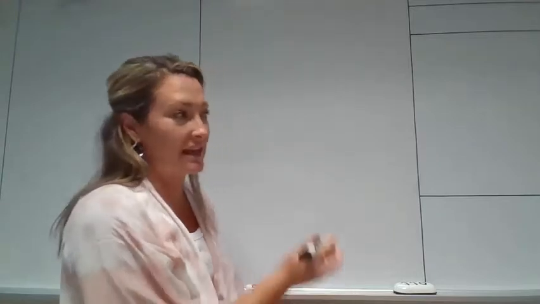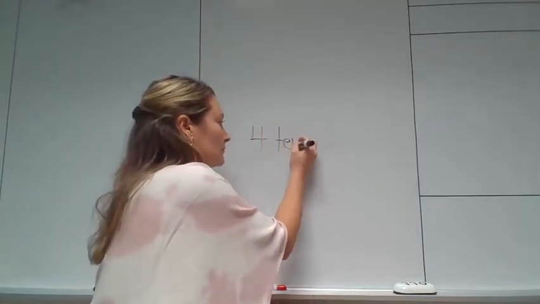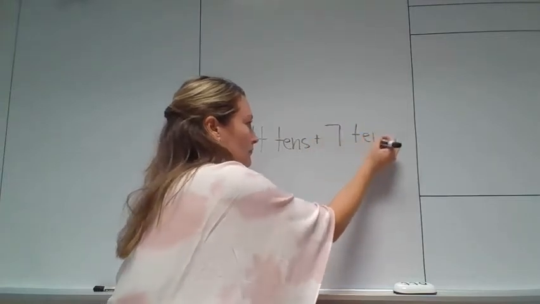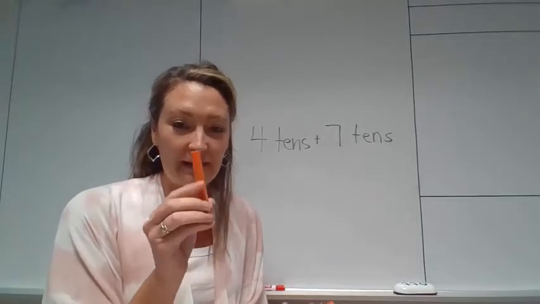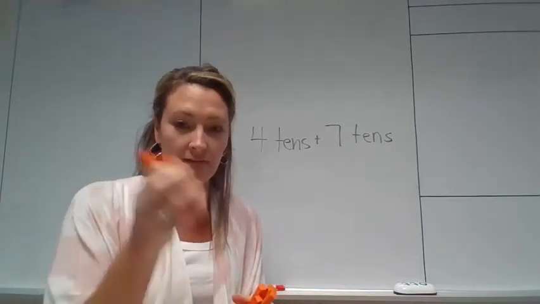Now the next one, we're going to start getting into a little bit more of addition. So let's do 4 tens plus 7 tens. So I can think about this a couple different ways. I can have my 4 tens, 1, 2, 3, 4.